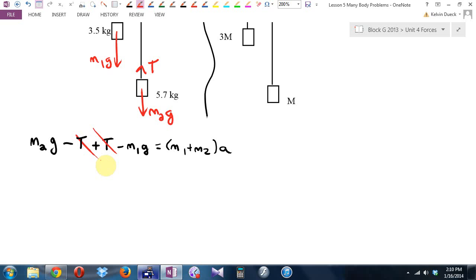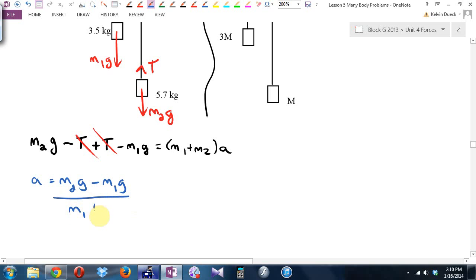Let's get the A by itself. How would I get the A by itself, Darian, my friend? Divide by the masses. Yeah, let's do that. We get A equals M2G minus M1G divided by M1 plus M2. Now I'll put in numbers.